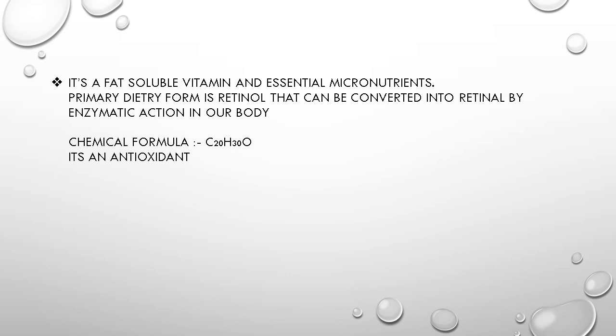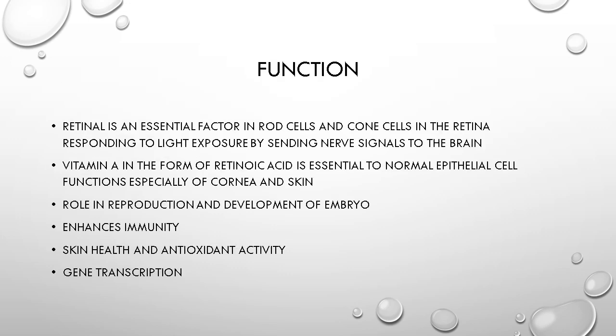Its basic chemical formula is here. You can see that it has carbon 20, hydrogen 30, and 1 oxygen. So this is its basic formula, and it is an antioxidant.